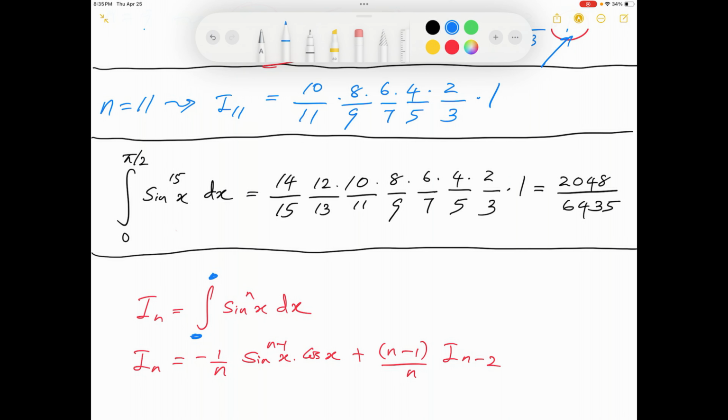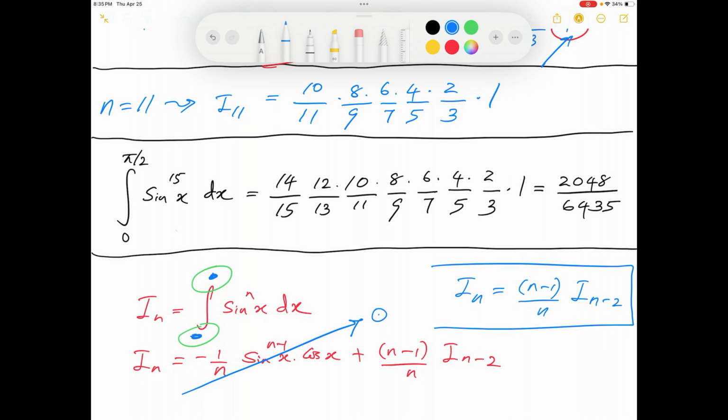Remember, when you have limits for the I sub n, some starting and ending limits, always check if this first term is going to be equal to 0 for each of those two limits, lower limit and the upper limit respectively. If that happens only, we can then write down that I sub n as n minus 1 over n times I sub n minus 2.